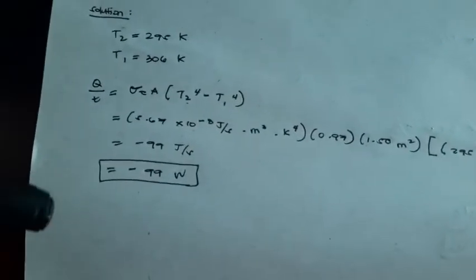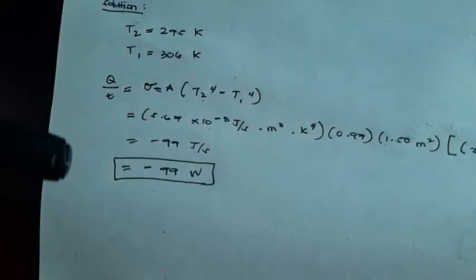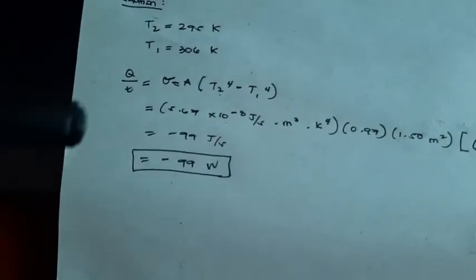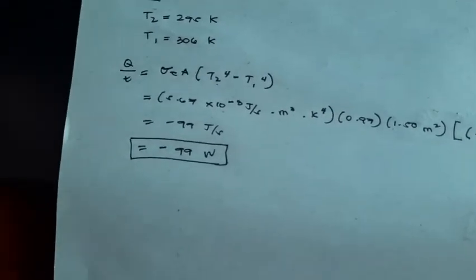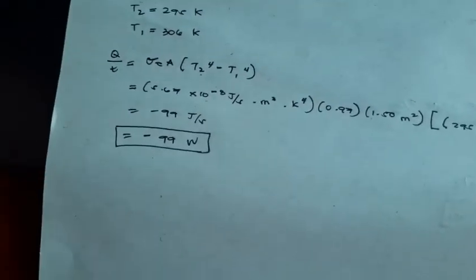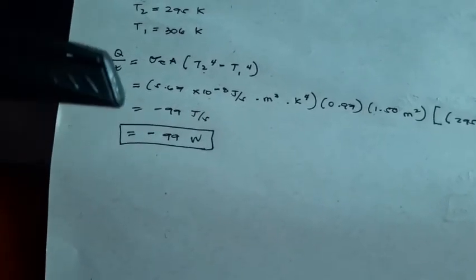Therefore, this negative 99 watts is the rate of heat transfer by radiation of an unclothed person standing in a dark room whose ambient temperature is 22.0 degrees Celsius.